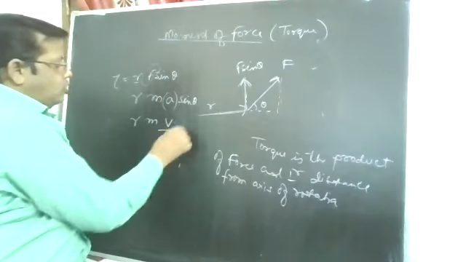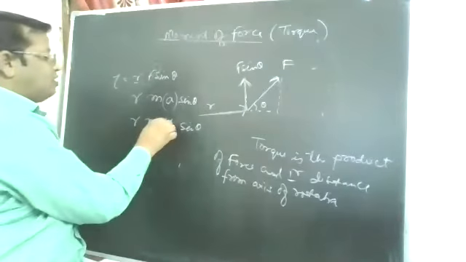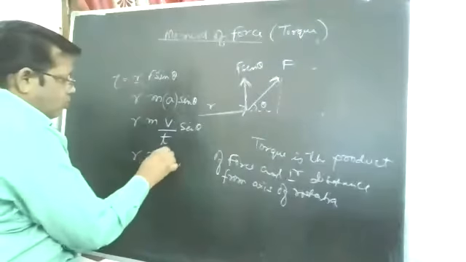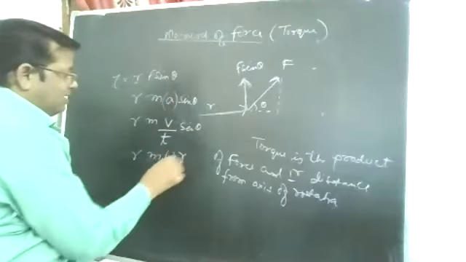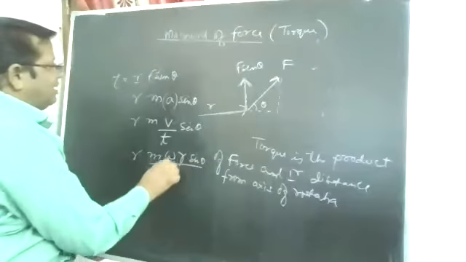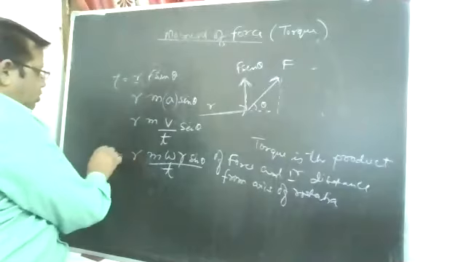Now you know v is equal to omega r, so m omega r into sin theta by t. Now this is equal to torque.